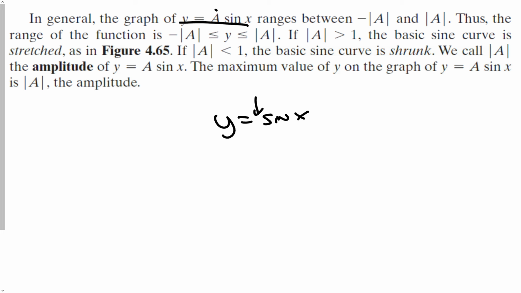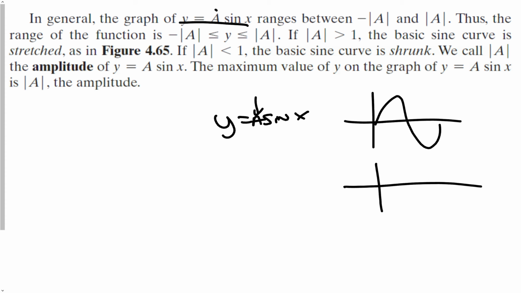So this new sine function will travel between the negative absolute value of a and the positive absolute value of a. If a is positive, it's going to just go higher and lower that way. If a is negative, now we're going to have a reflection.